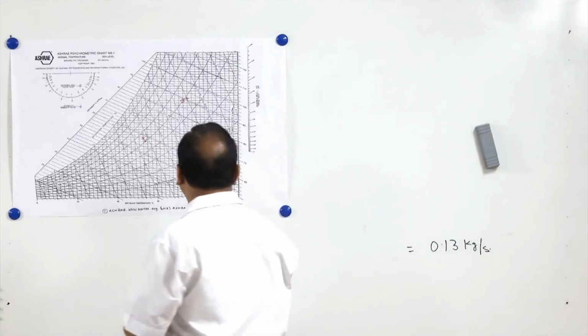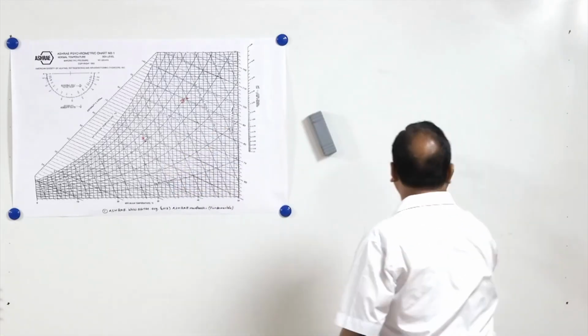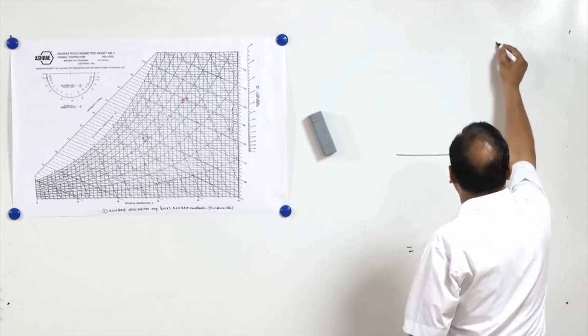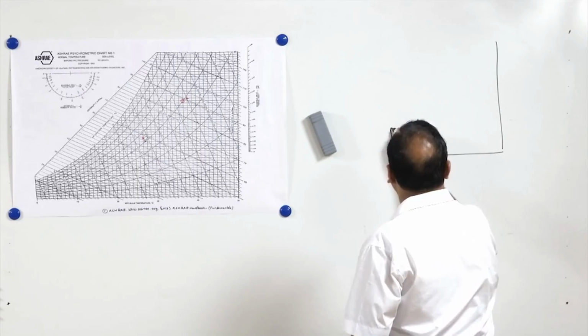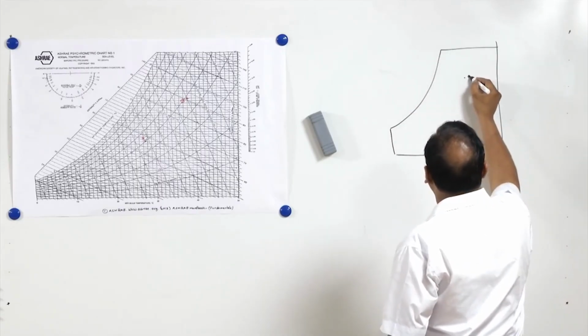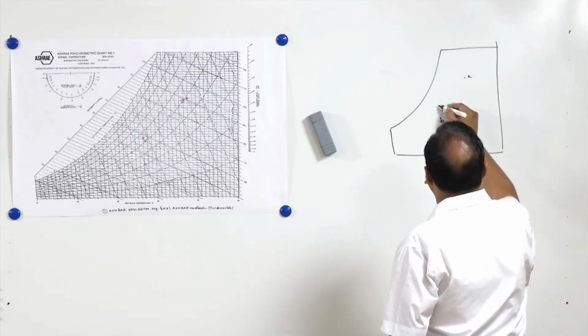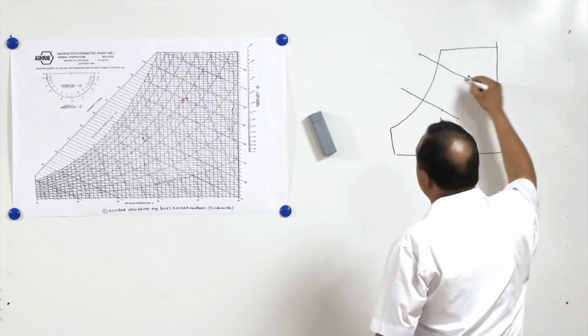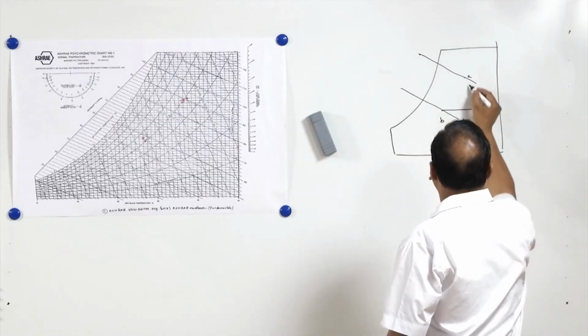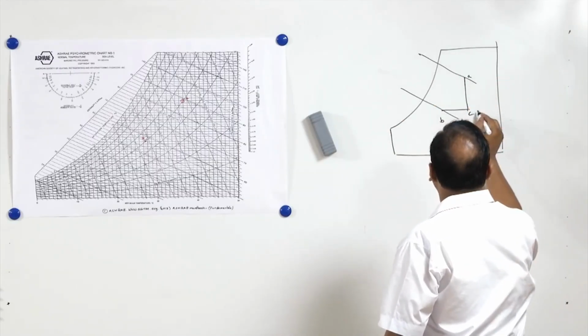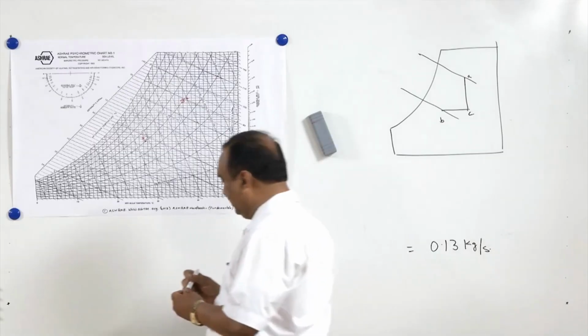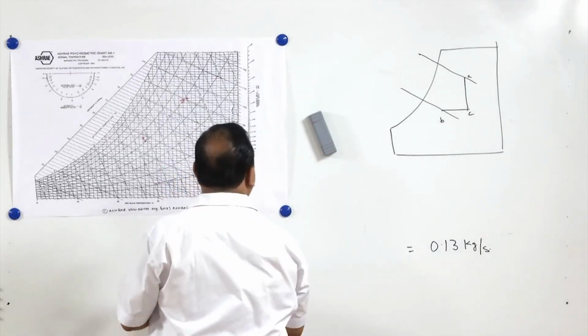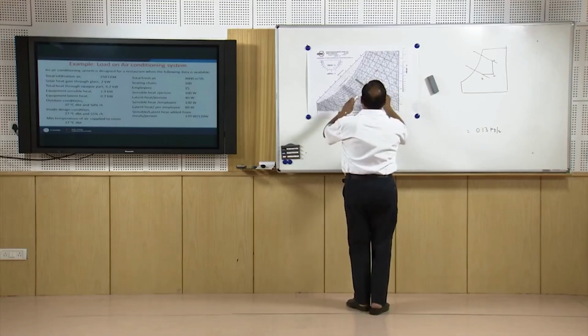We will be getting it directly from here because the enthalpy is already given. So enthalpy at A and enthalpy at B we can take from this chart, and there is another point C, enthalpy at C we will also take from this chart.